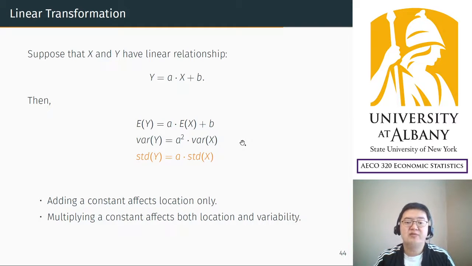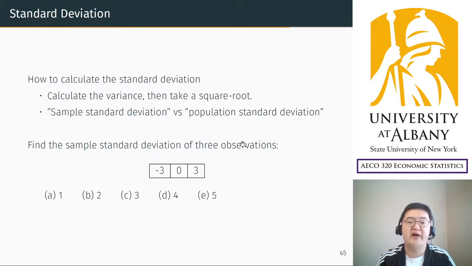Okay, this was how we define standard deviation. Then how do we calculate the standard deviation? It's the same as the variance. The way you calculate the standard deviation is to first calculate the variance and then take its square root. That's it. Basically the same process you have done for the variance. So all the same theories for the variance hold here.